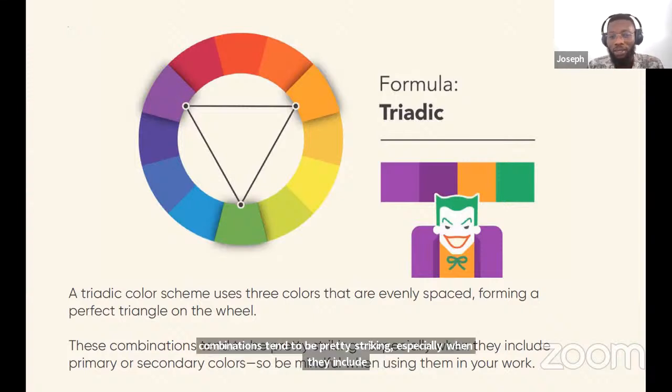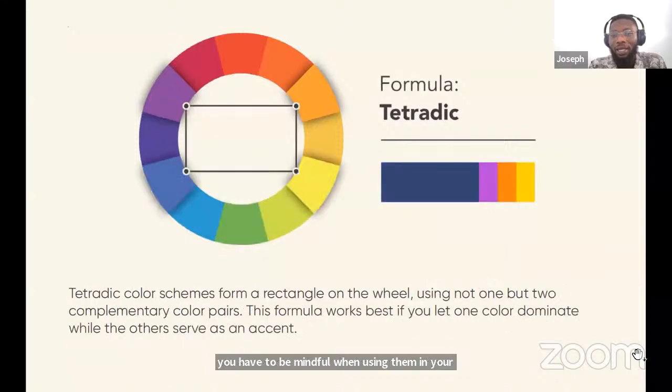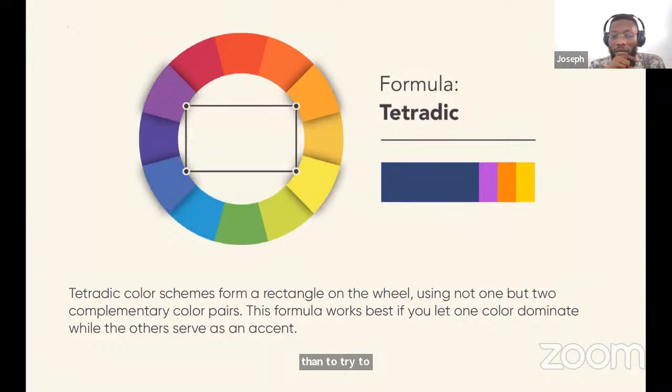Yes, but you have to be mindful when using them in your work so that you don't have too many colors on your page, right? Then tetradic just talks about a rectangle. So if you put a rectangle on the color wheel, this is what you get.